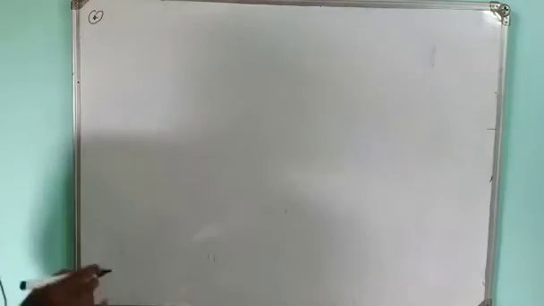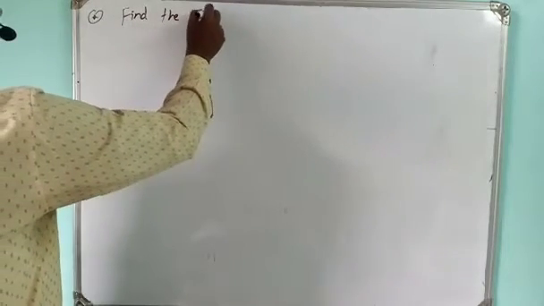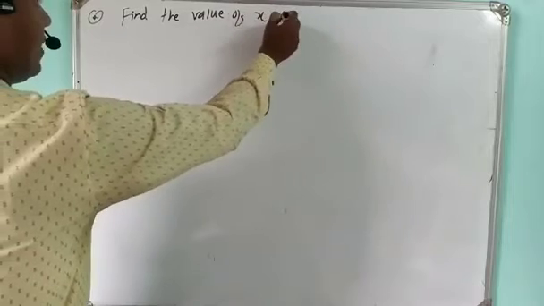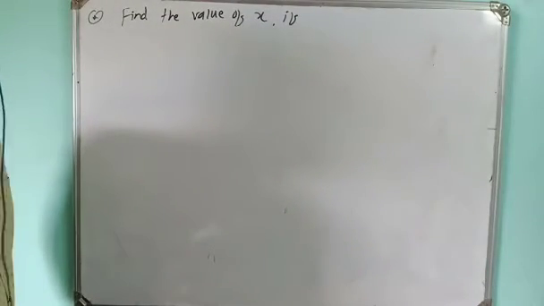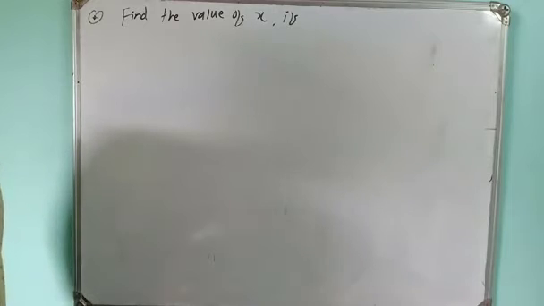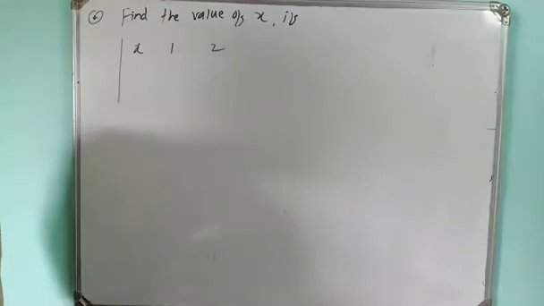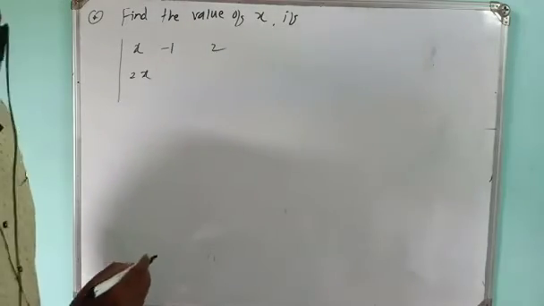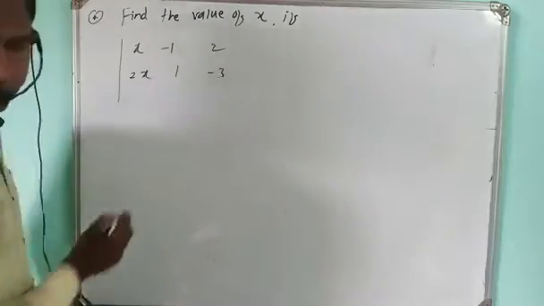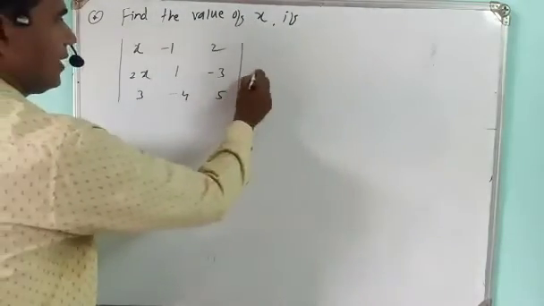Next question is: find the value of x. How is this question asked? Find the value of x, if the determinant with rows x, 1, 2; minus 1, 2x, 1; minus 3, 3, minus 4, 5 is equal to 29.